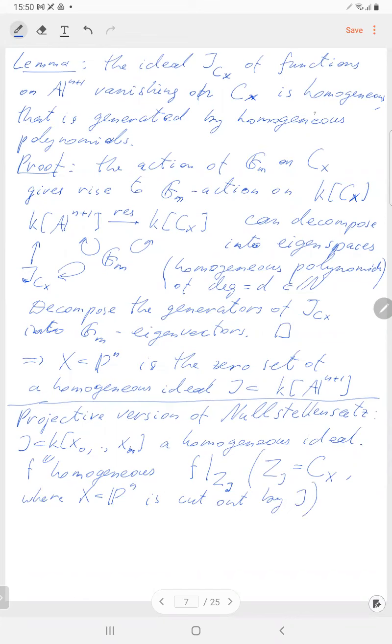Okay, so suppose now f vanishes on this cone, then f to a certain power big enough lies in this ideal.